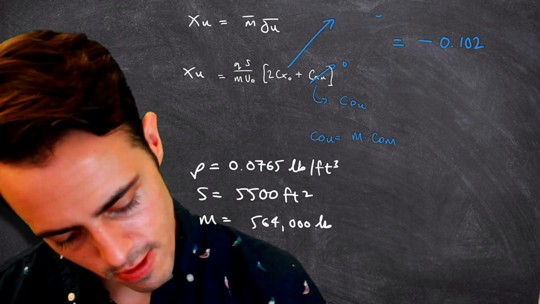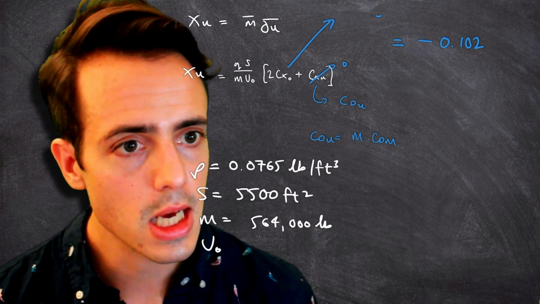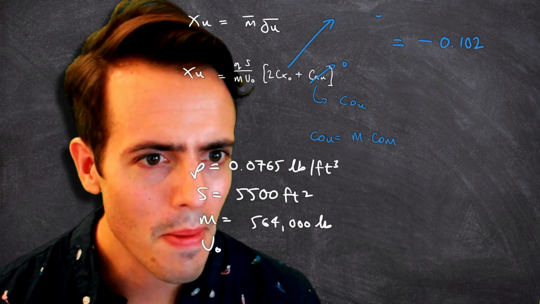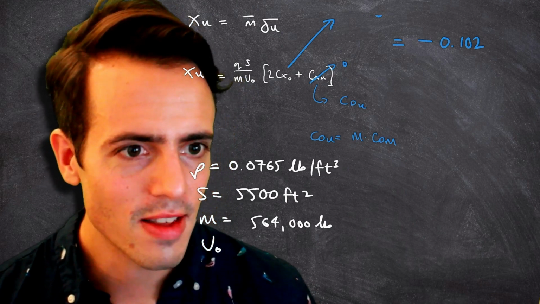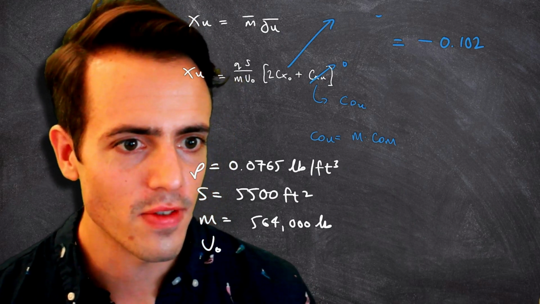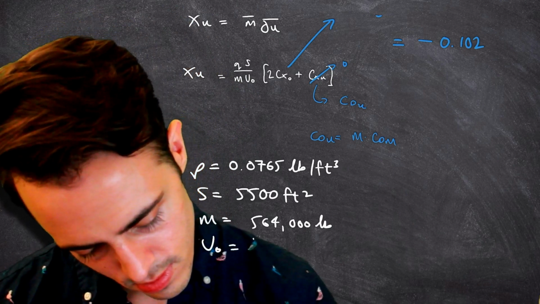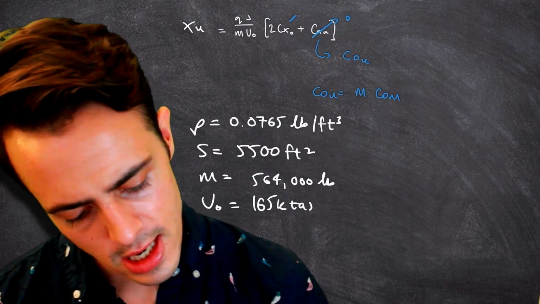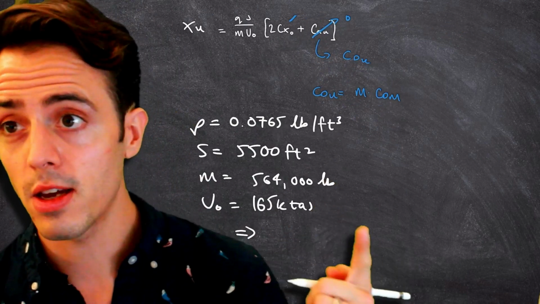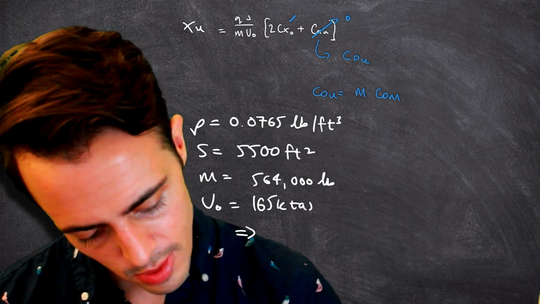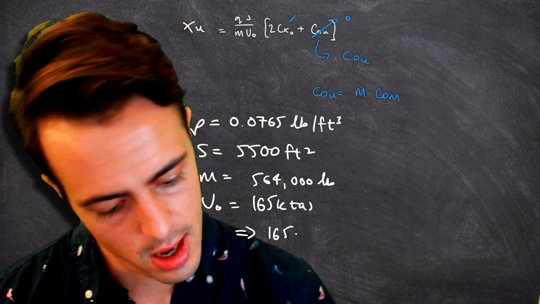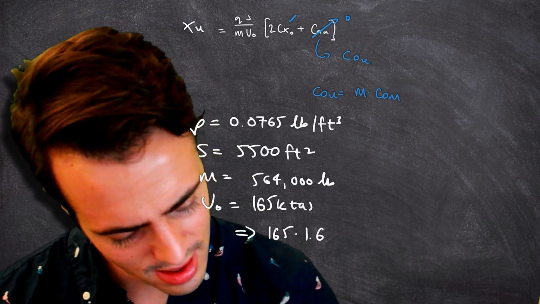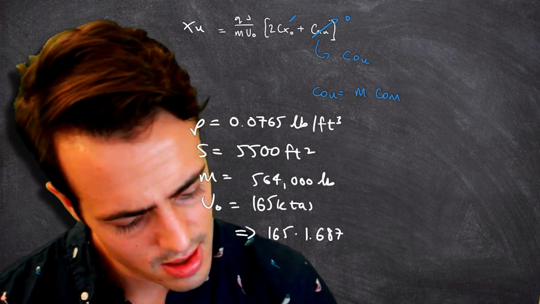And the trim flight speed is, where is it? I've got it written down somewhere. I think it's 165 knots, but I don't want to get that wrong. It's 165 knots true airspeed, and we can convert that to feet per second for US customary units. So that becomes 165 multiplied by 1.68781.